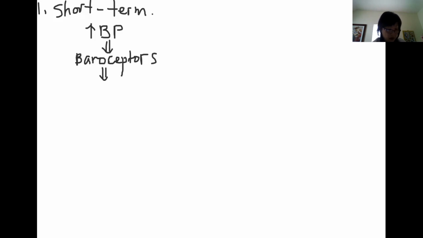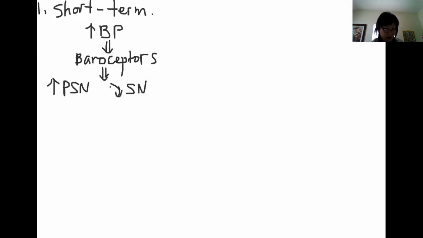Okay, so this information will be sent to the medulla oblongata. So they have centers to regulate the following. Number one is to stimulate the parasympathetic nervous system. All right, and number two is to decrease the sympathetic nerve output.